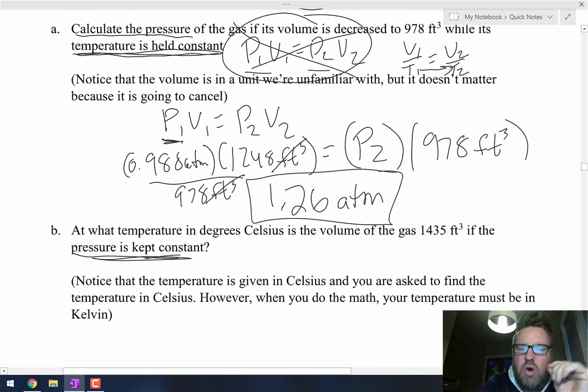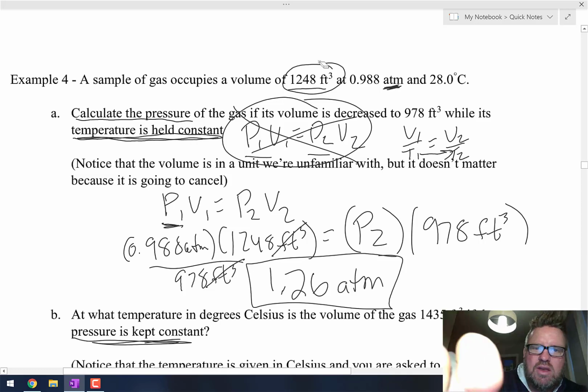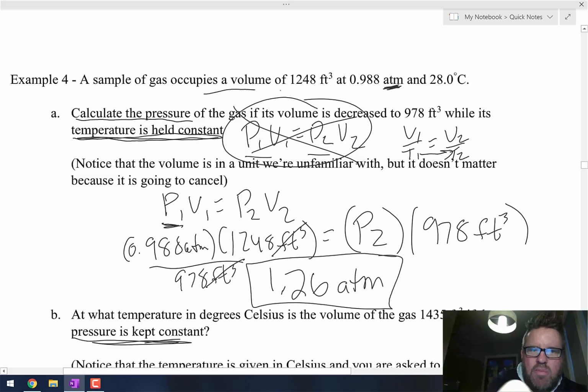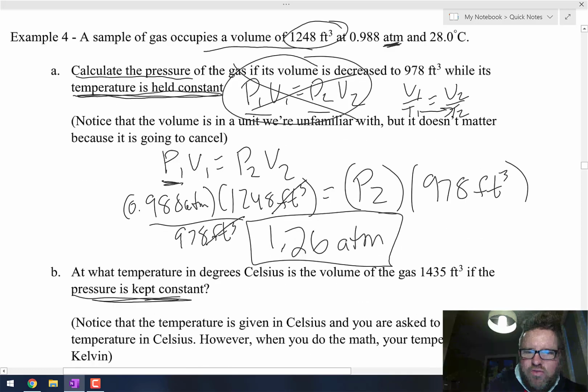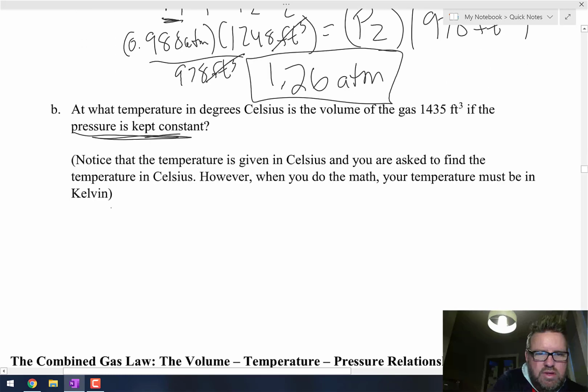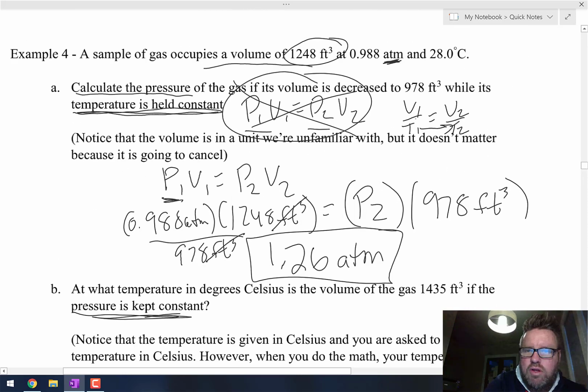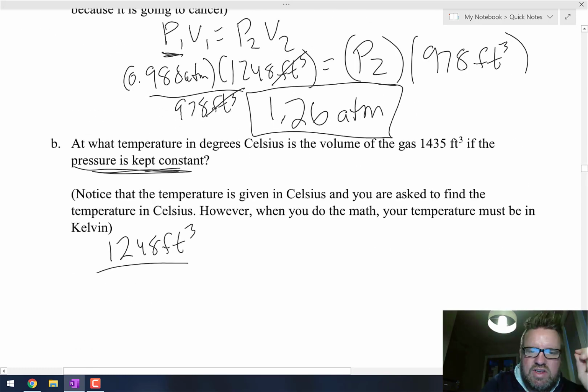So what was our initial volume again? Again, it occupied a volume of 1,248 cubic feet. So 1,248 cubic feet is our V1 over T1. What was our initial temperature? 28 degrees Celsius plus 273 equals 301 Kelvin.